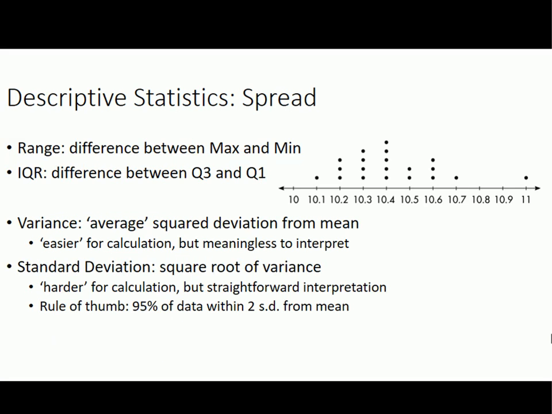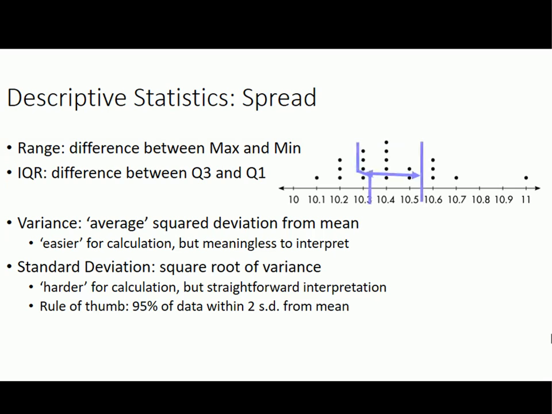To describe also spread. Spread is a way of talking about how far the data spreads away from the mean. A very simple descriptive statistic would be the range, which is the length between the minimum and the maximum values in the data set. It is just the maximum value minus the minimum value.